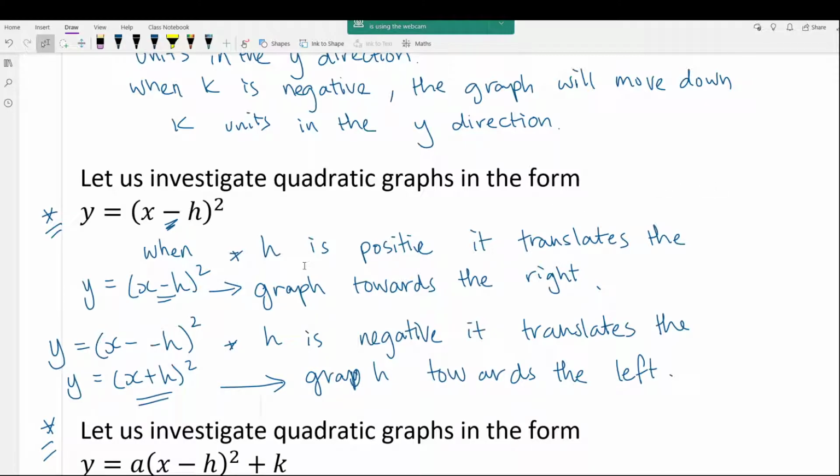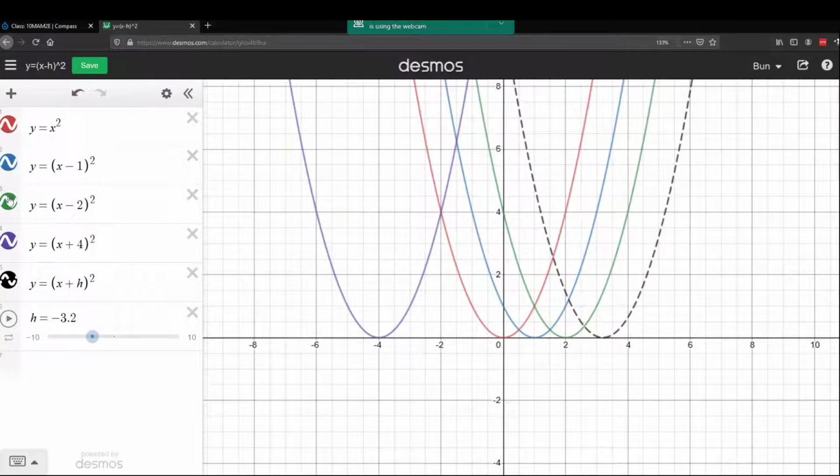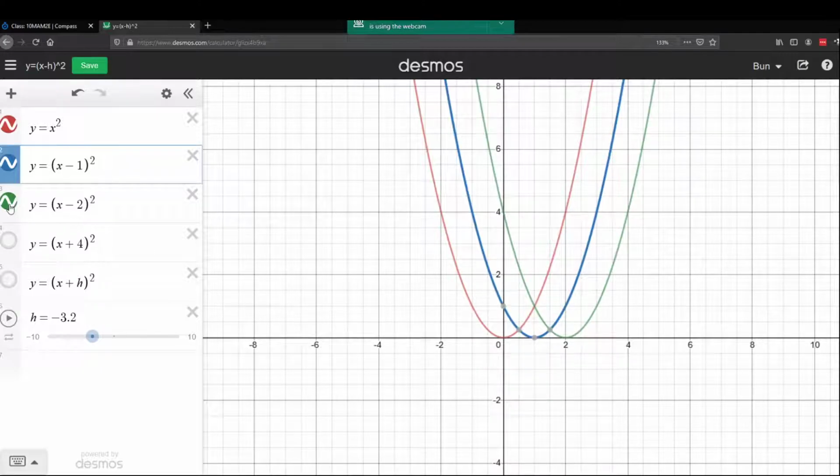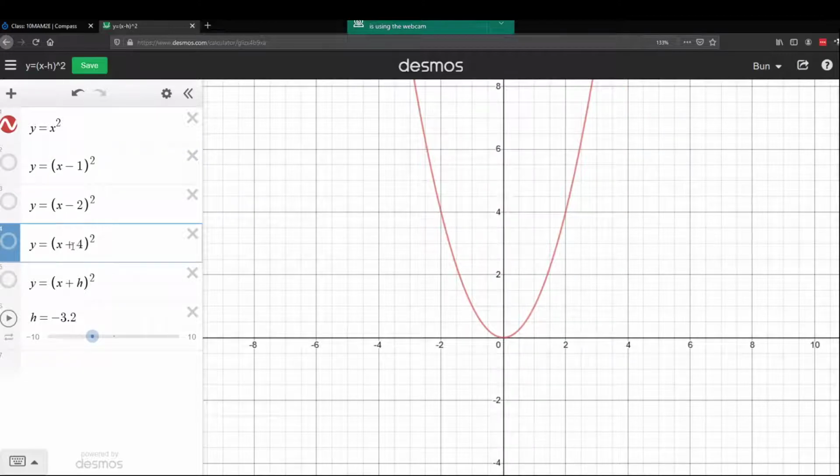Let's look at that again on Desmos. Here h is 1, so when you have x minus 1, it translates towards the right. Again here it translates towards the right. Now when we have x plus 4, it translates towards the left.